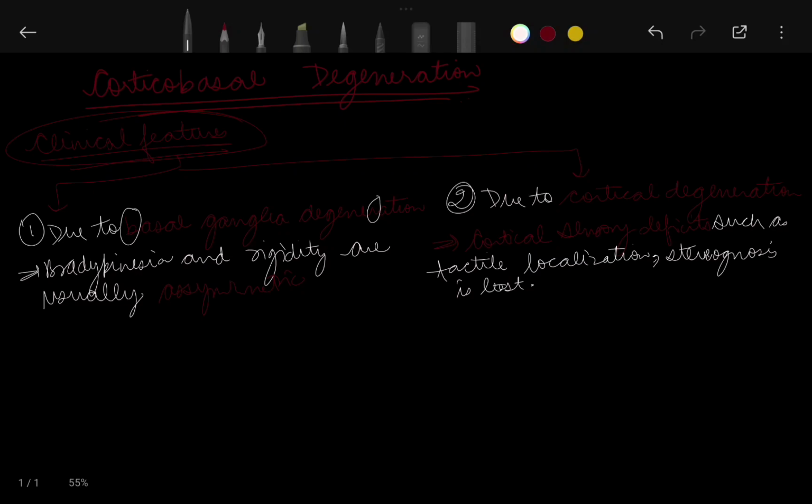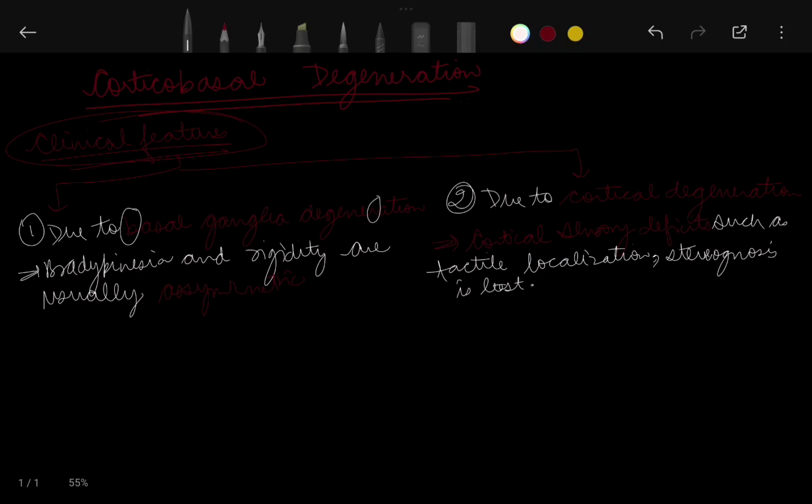Now, what is stereognosis and tactile localization? Stereognosis is the ability to recognize and identify objects by touch alone without the help of vision, whereas tactile localization is the ability to identify the exact point on the body where a tactile stimulus has been applied.